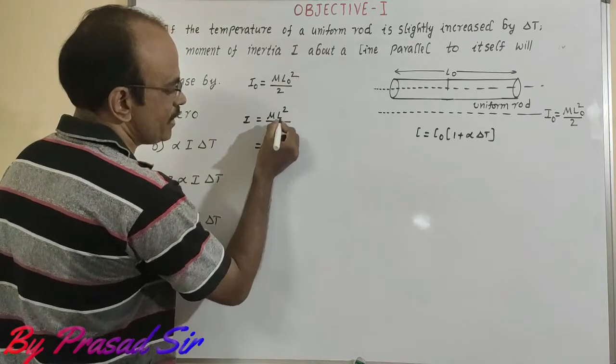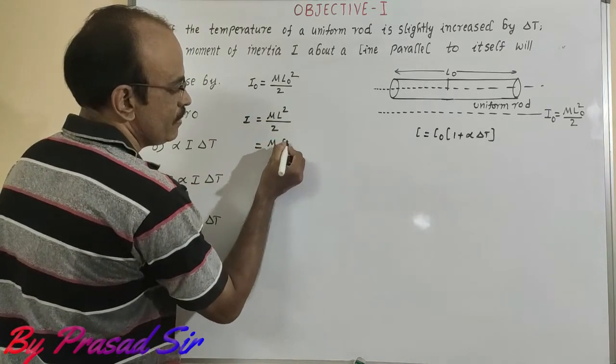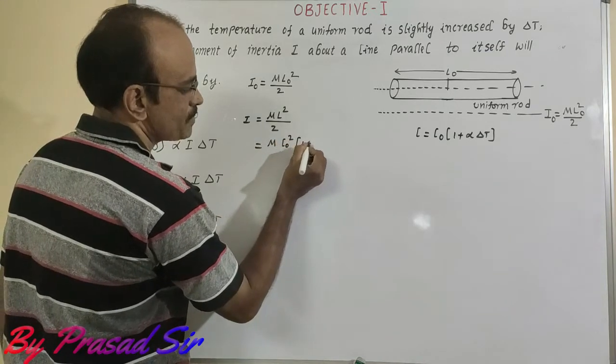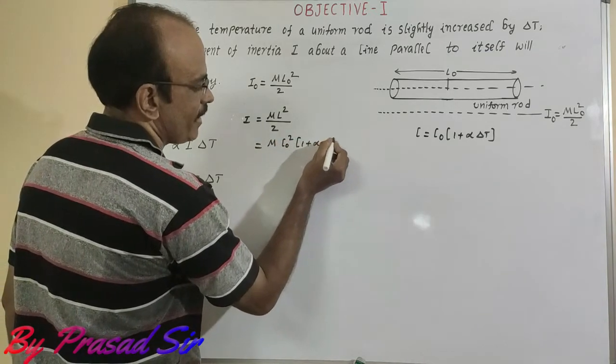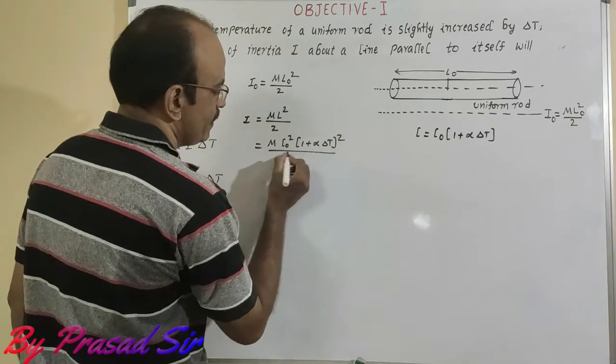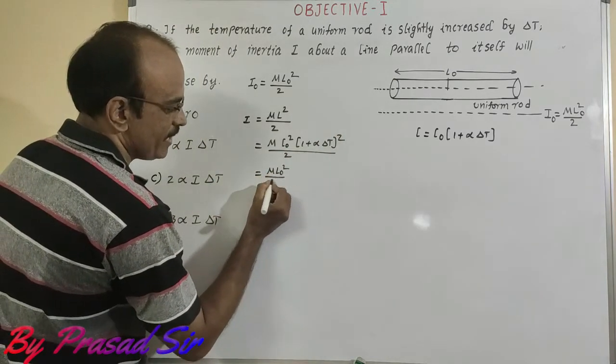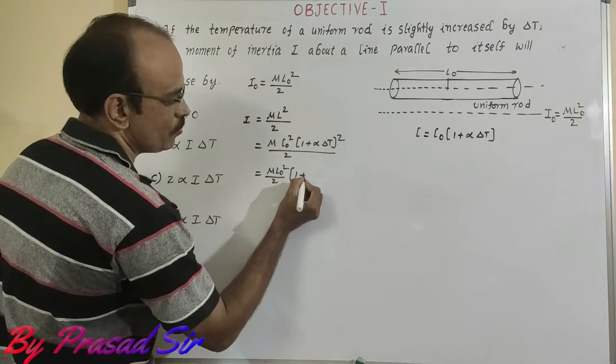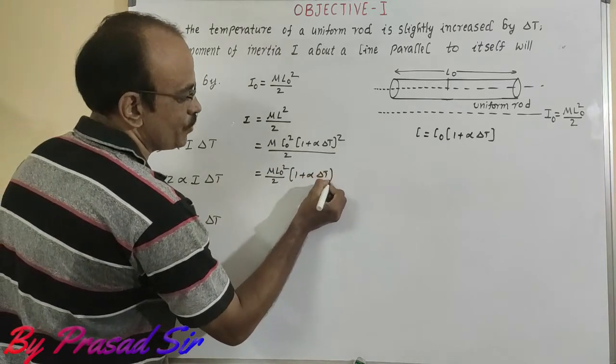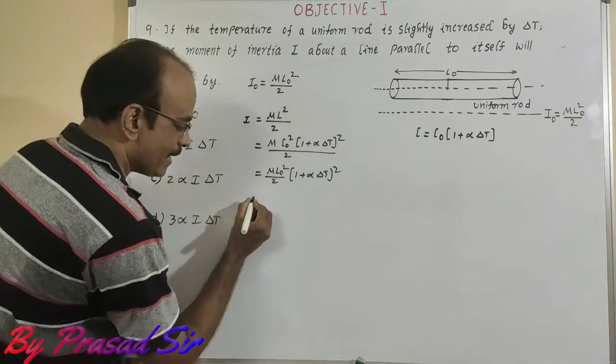Substituting, L square is L naught square times 1 plus alpha into delta T whole square, divided by 2. So m L naught square divided by 2 times 1 plus alpha delta T whole square.